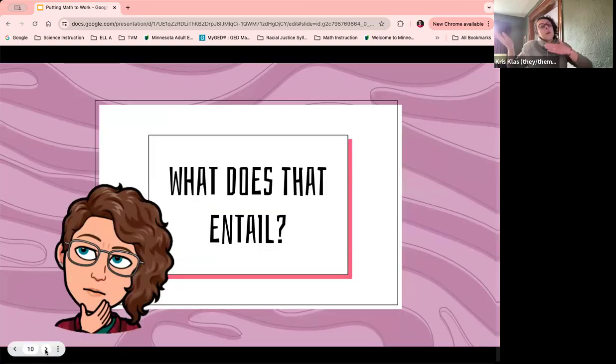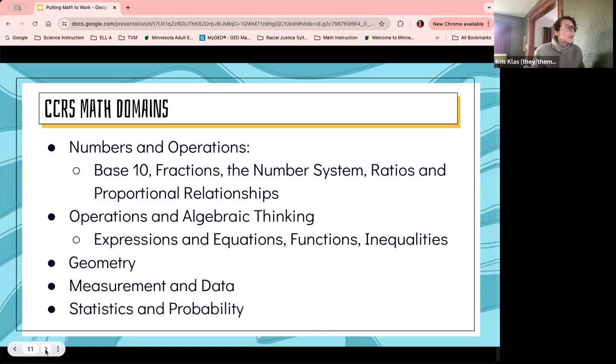So once you know what kind of math tasks they're doing in their job, how do you figure out what math that is, and how you're going to build up to those skills, especially if you are not normally a math teacher? Something that we're going to talk about today is the CCRS math domains. So if you have a blue book, or Astrid put the link to the blue book into the chat.